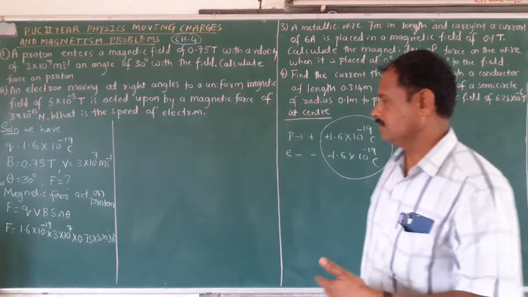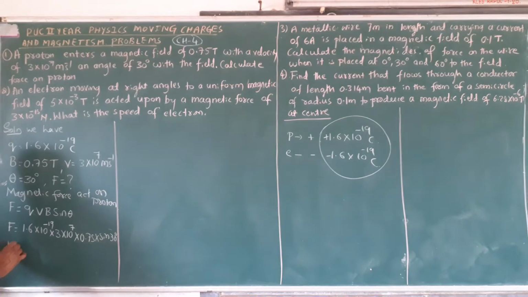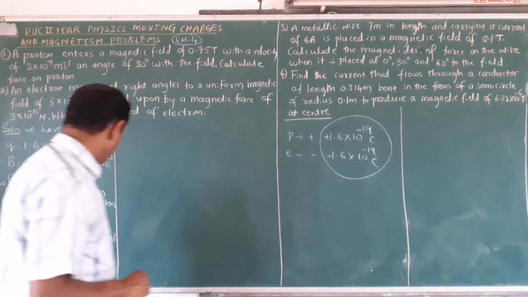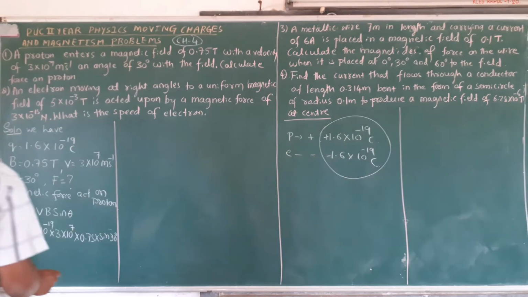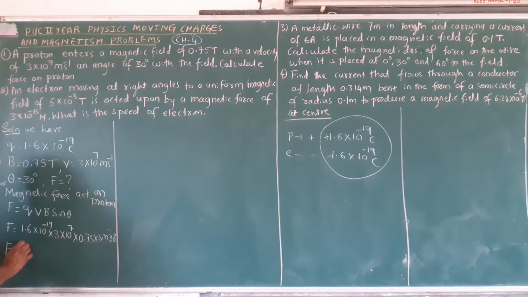Then multiply these things. The multiplication of 1.6 into 3 into 0.75 is 3.6, and sin 30 is 1 by 2.